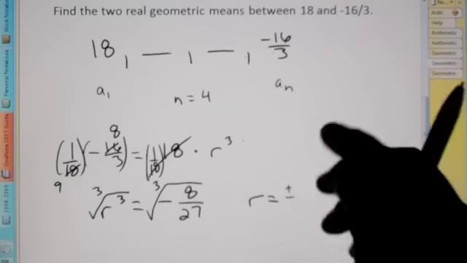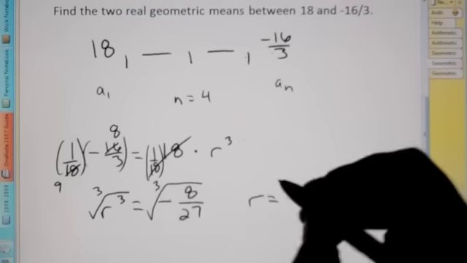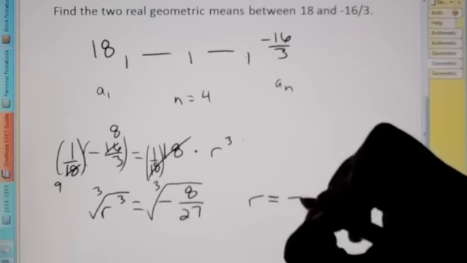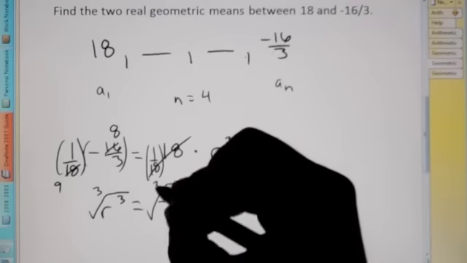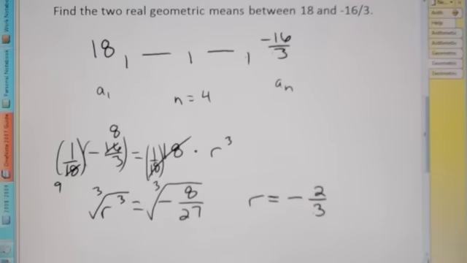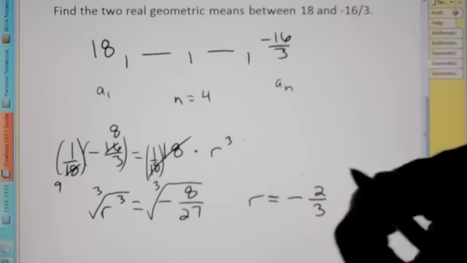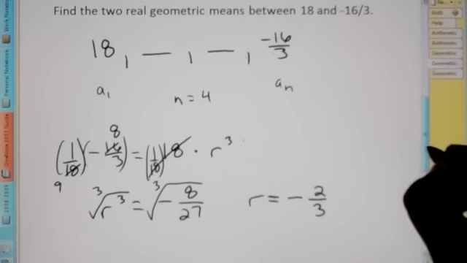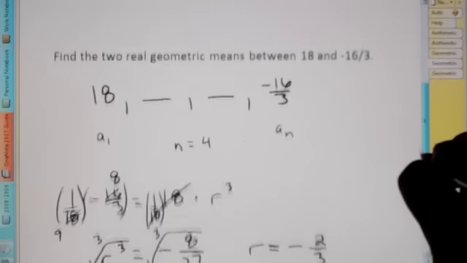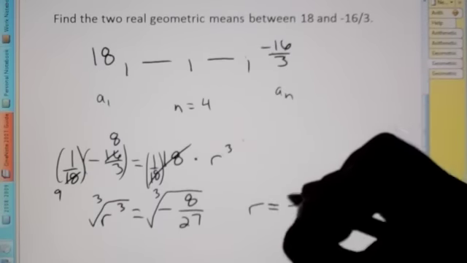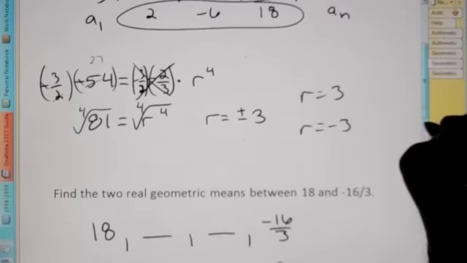If it's an odd index and you have a negative underneath, your answer is going to end up negative. The third root of 8 is 2. The third root of 27 is 3. So on the ratio, we only have one answer, negative 2/3. Before, we had a positive 3 or a negative 3. So when you have an odd index, you only have one ratio. When you have an even index, you have two ratios.